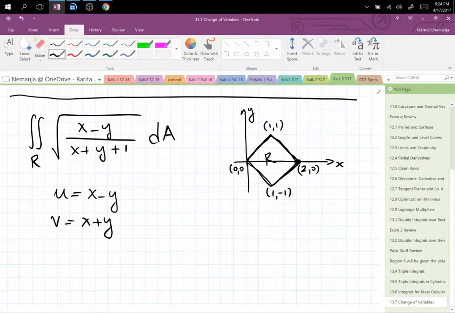You don't want to have the same variable u and v in denominator and numerator, because then you have to do further substitutions and further stuff. But if they are completely separated from each other, then the top one is just square root when you integrate u out, or v, and the bottom will just be 1 over that, 1 over v, which would be ln, right? So they're both easy to integrate when they're separate. If I come up with some kind of substitution that would have u on top and u on the bottom, then it's further substitutions and further partial fraction decomposition or trig sub or something like that, right?